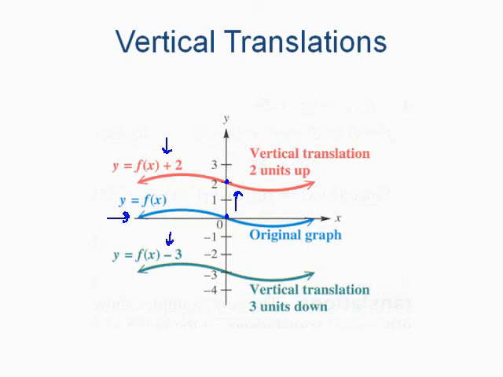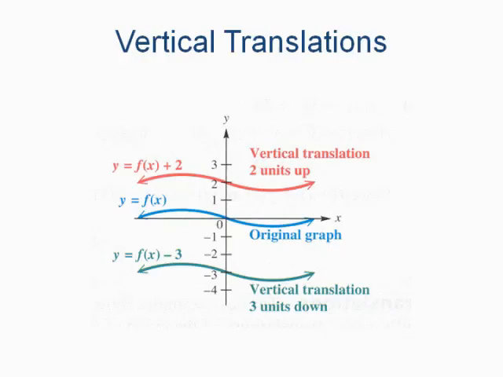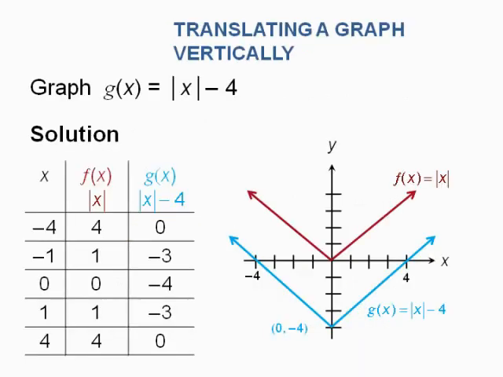If it's got a -3 on it, it just takes that middle one and shifts everything down 3. And this works for all of our functions. Every single one of these that we talked about, ladies and gentlemen, if you go adding and subtracting numbers on the rear, it would shift them up or down. Pretty cool, huh? Make them dance, partner.